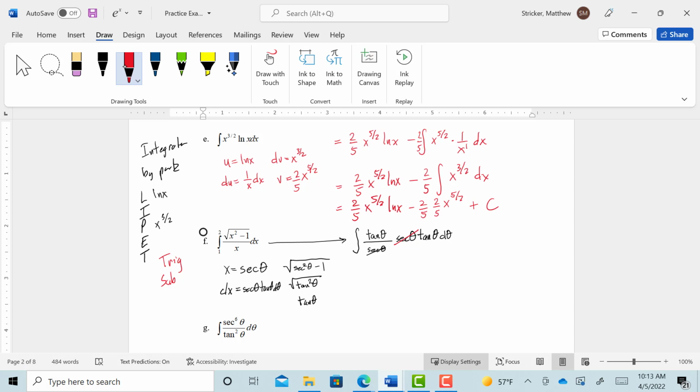And we're left with what? We're left with tangent squared. So we have the integral of tangent squared theta d theta.